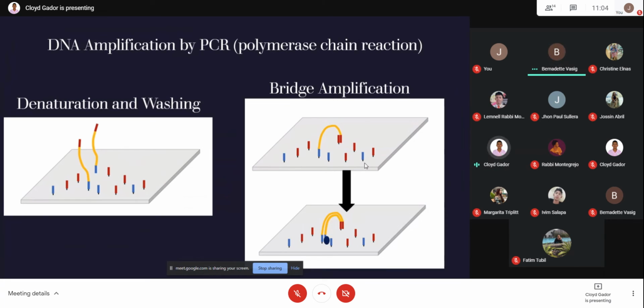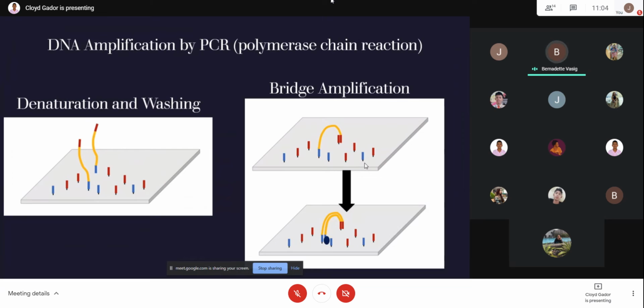complementary strand. Why is DNA amplification needed for DNA sequencing?